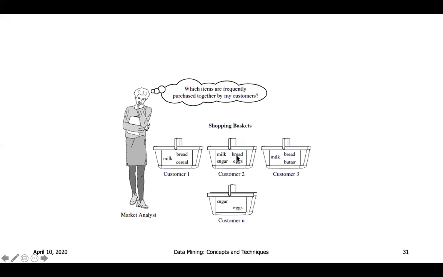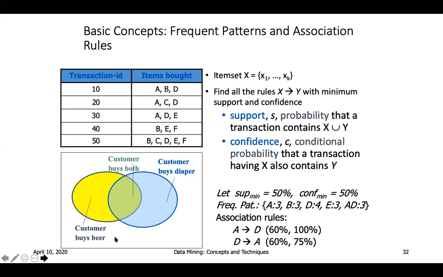Customer two is buying milk, bread, sugar, eggs. Customer three is buying milk, bread, butter. So maximum customers are buying all these different products. Somewhere you will find whether milk is common, bread is there, or sugar, or eggs. Out of these four products, at least in each basket, you can find one product that is appealing. So this is what finding the frequency is.